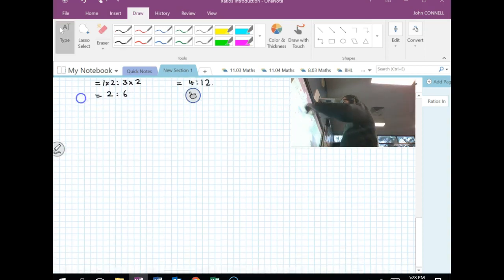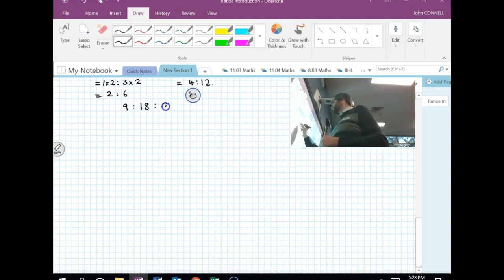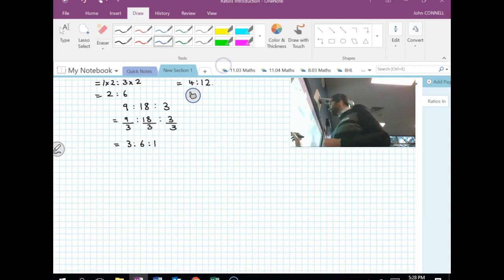Now, I can also divide by the same number. So if I had the ratio 9 is to 18 is to 3, then I could divide all of those by the common factor of 3. So I get 3 is to 6 is to 1. And very importantly, this is what we call simplest form.